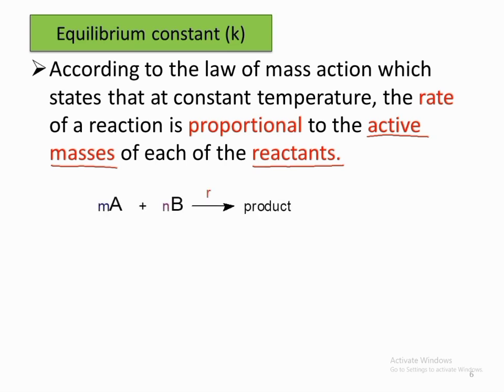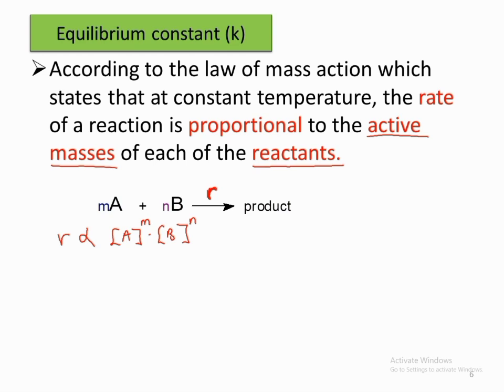Now, imagine we have A reacting with B to form a product, and this reaction is occurring at a particular rate, let's call it R. So how do we deduce the rate of this reaction? The rate of this reaction is proportional to the active masses of A and B raised to the power of the moles of A and B, which is M and N in this case.